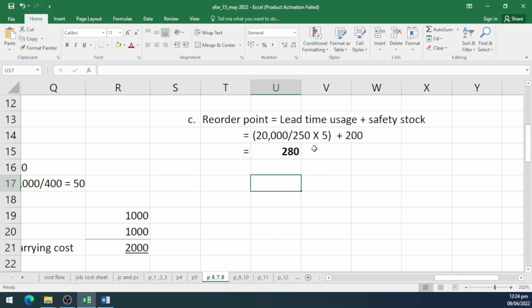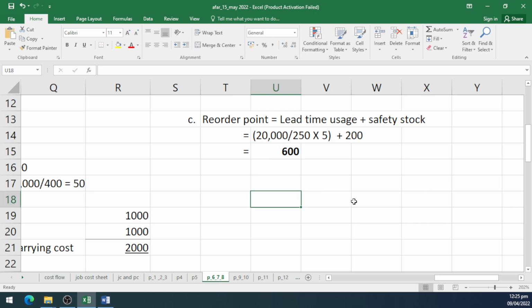So, yung 20,000 over 250, yan po yung daily usage rate. And then, kung 5 days ang i-maintain, 80 times 5, that's the 400. And then safety stock na 200. So we have here 600 units. Yan po.